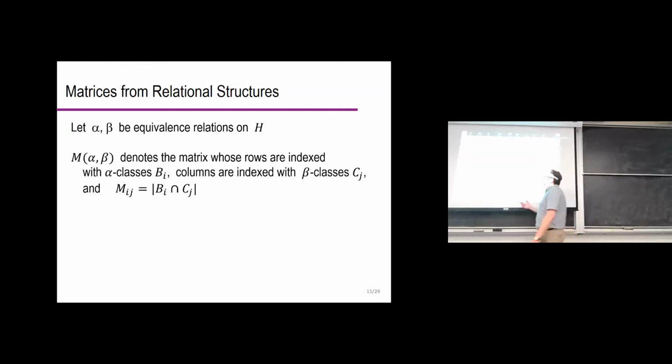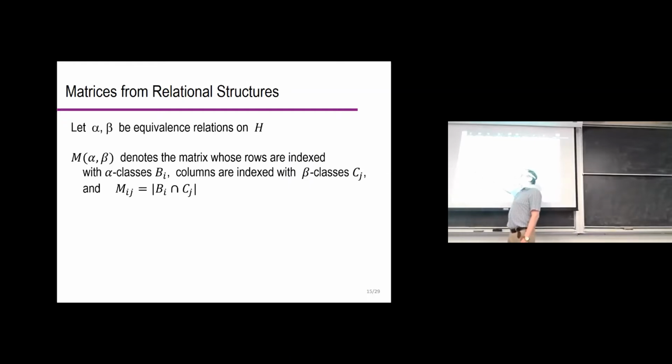What will I do? I will take alpha classes, so classes of the first equivalence relation. In my small example, that would correspond to elements on the top. And the columns I will index using the classes of the second relation, so C_j's. In the example, that would correspond to the elements at the bottom.